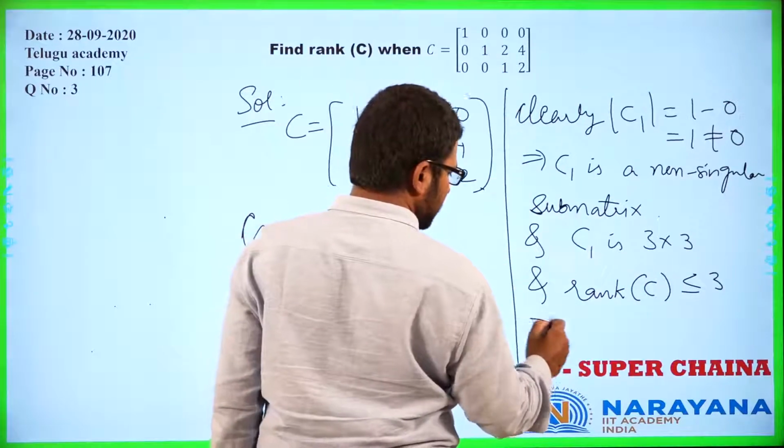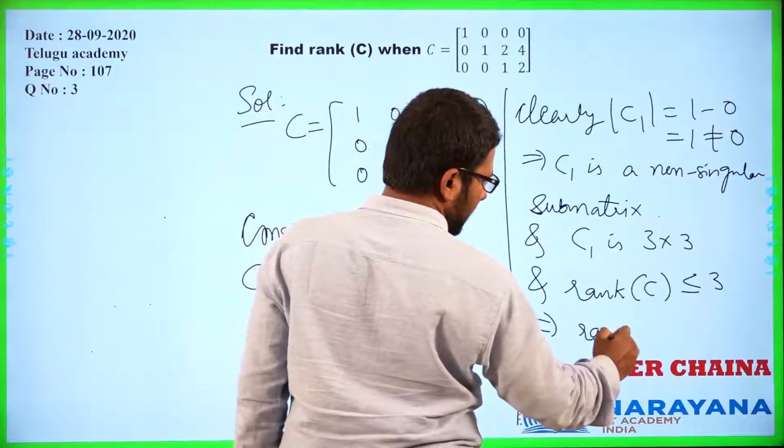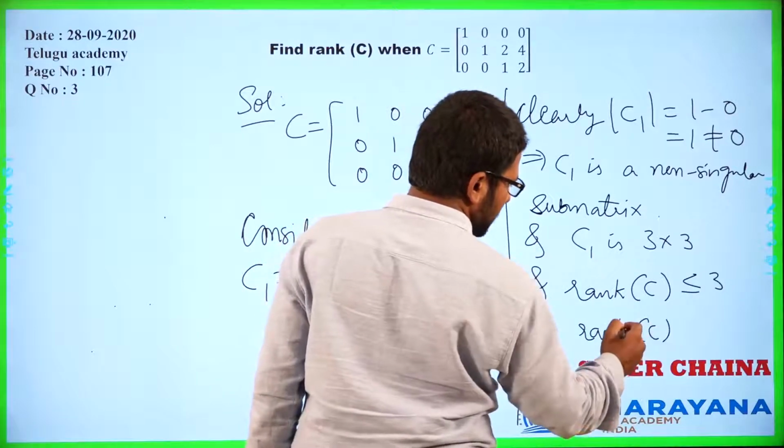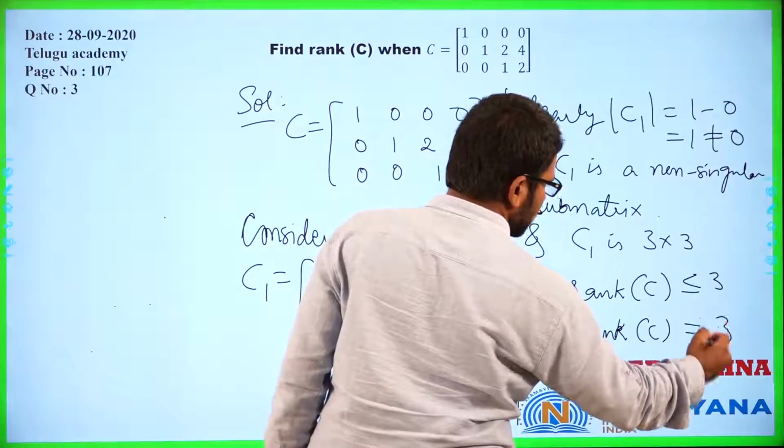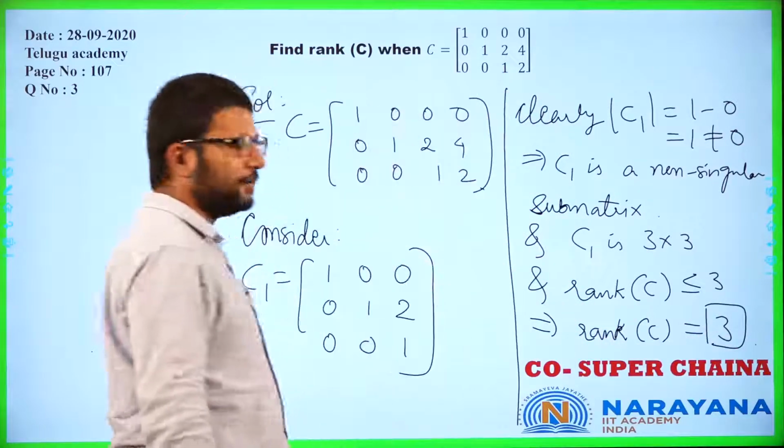Combining these three, we can say rank of C is equal to 3.